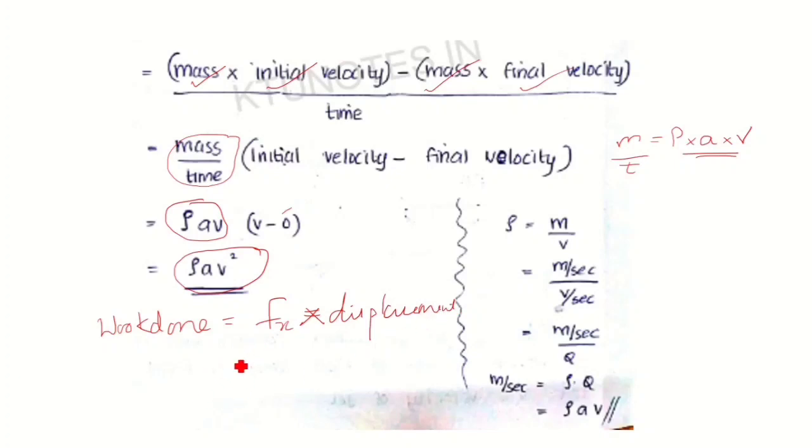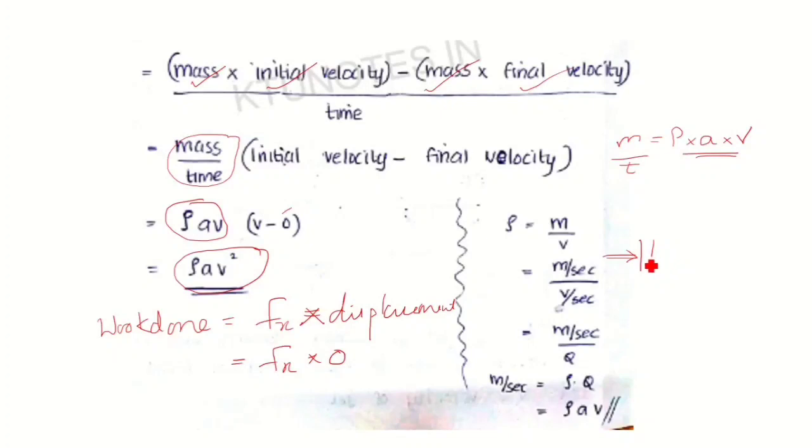Here the displacement is 0, so f of x into 0 displacement, since the vertical plate is stationary. The force exerted by the jet does not move the vertical plate, so the plate has no displacement.